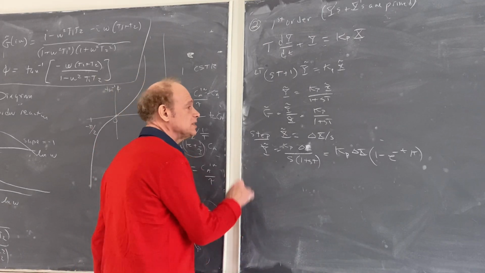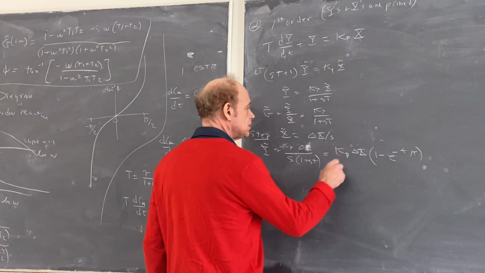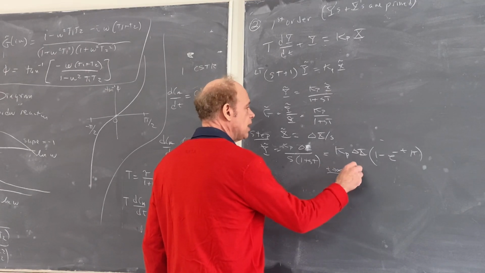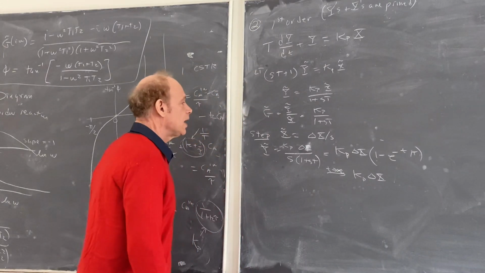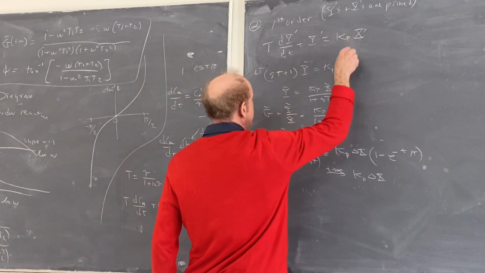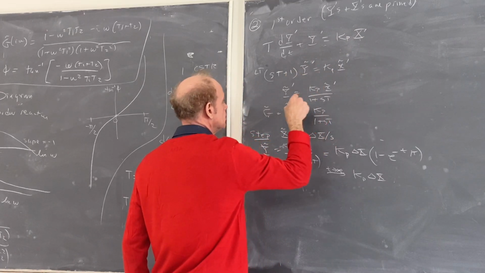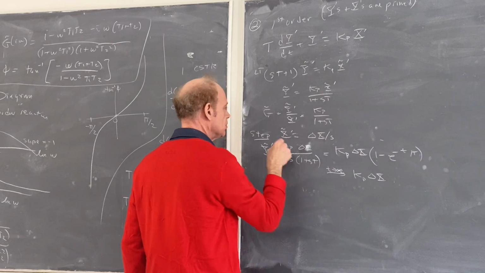And you can notice, for example, that as t goes to infinity, I just get Kp delta x. And of course, I could put the primes in just to be consistent, since I've been doing it all along.